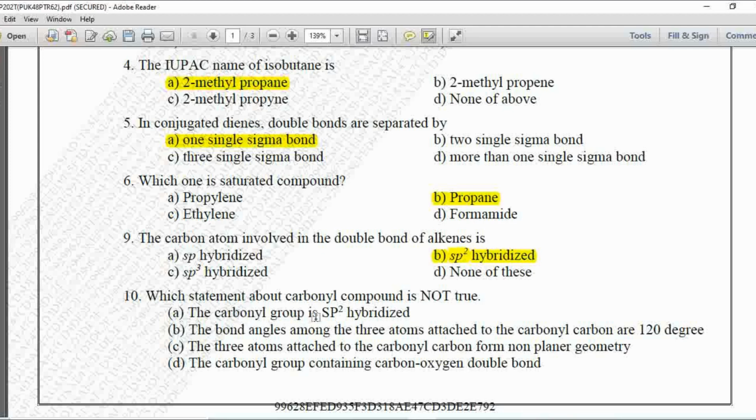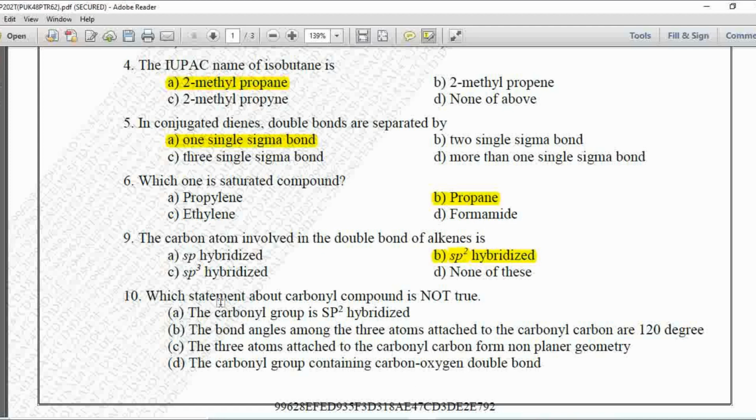Next, 10th MCQ: which statement about the carbonyl compound is not true? Option A is the carbonyl group is sp2 hybridized. B is the bond angles among the 3 atoms attached to the carbonyl carbon are 120 degrees. C is the 3 atoms attached to the carbonyl carbon form non-planar geometry, and D is the carbonyl group contains a carbon oxygen double bond.